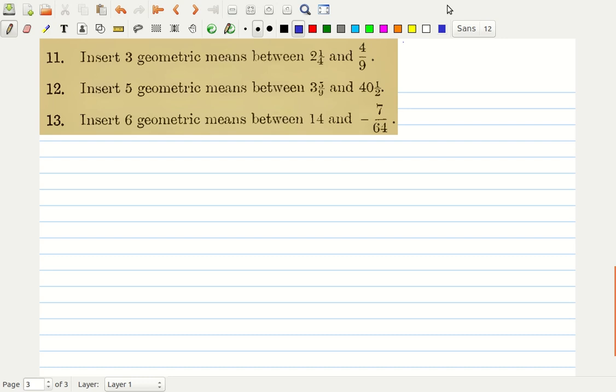In problem number 11, 12 and 13, what we have to do is insert geometric means between any two given numbers.